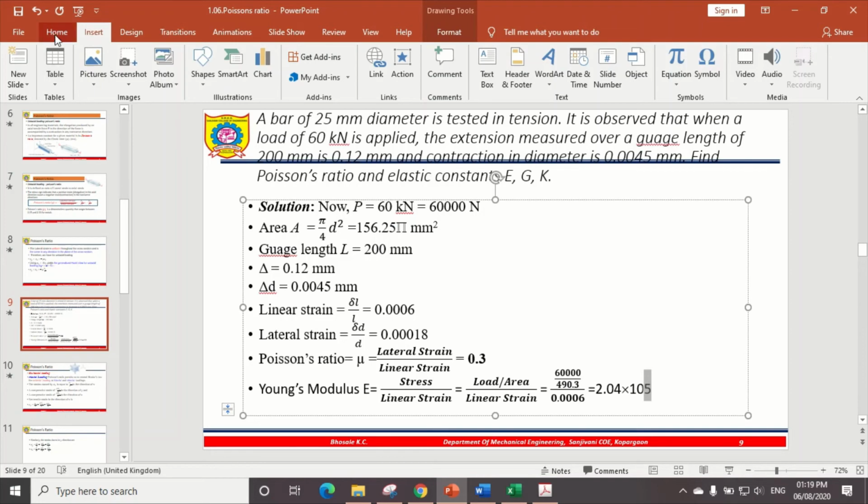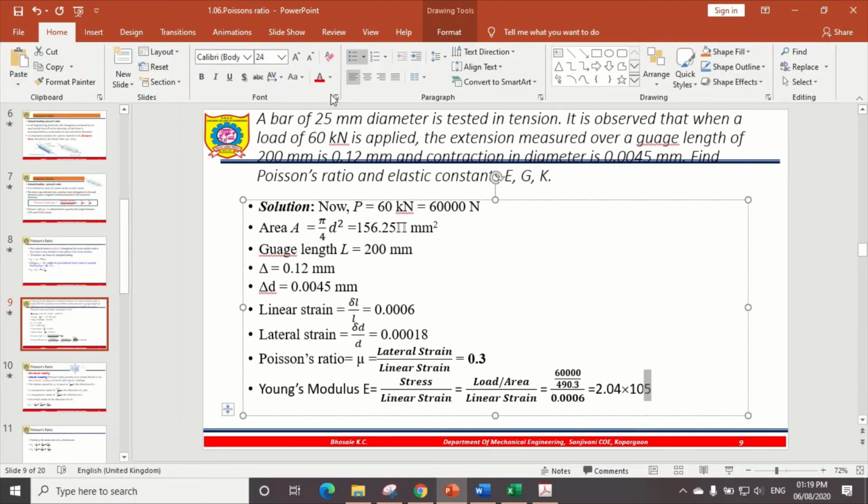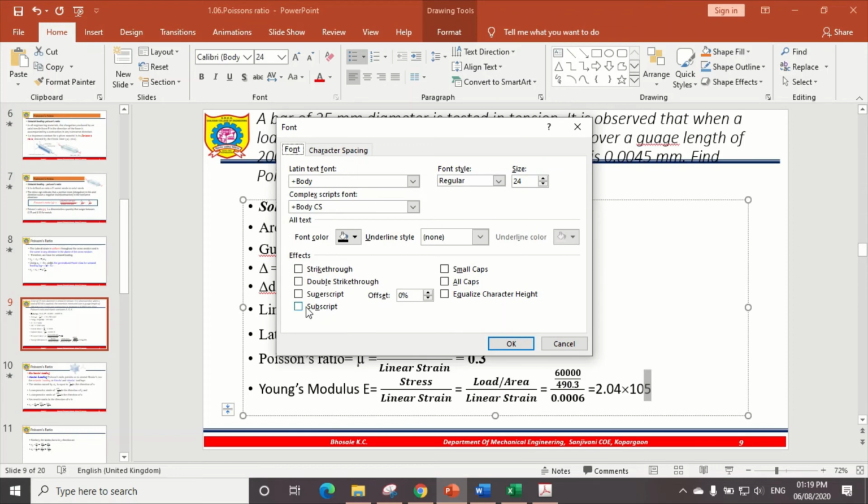Also write down the unit for this Young's modulus, so that will be equal to Newton per mm square.